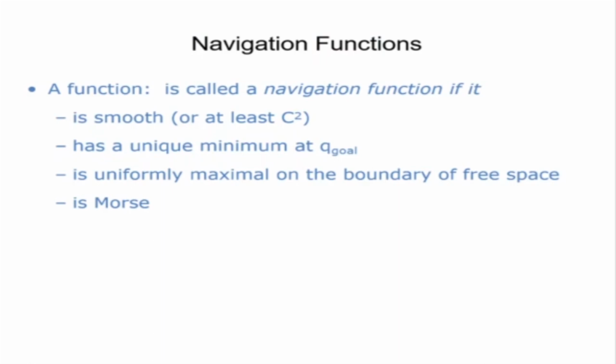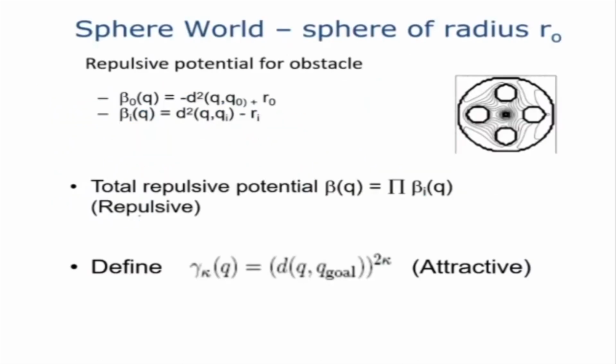A function is called a navigation function if it is smooth. Why does it have to be smooth? Because you want to take the derivative and it must be continuous. Next, it has a local minima at Q goal, is uniformly maximal on the boundary of free space, and is Morse. One such function is this one, which we call the sphere world.